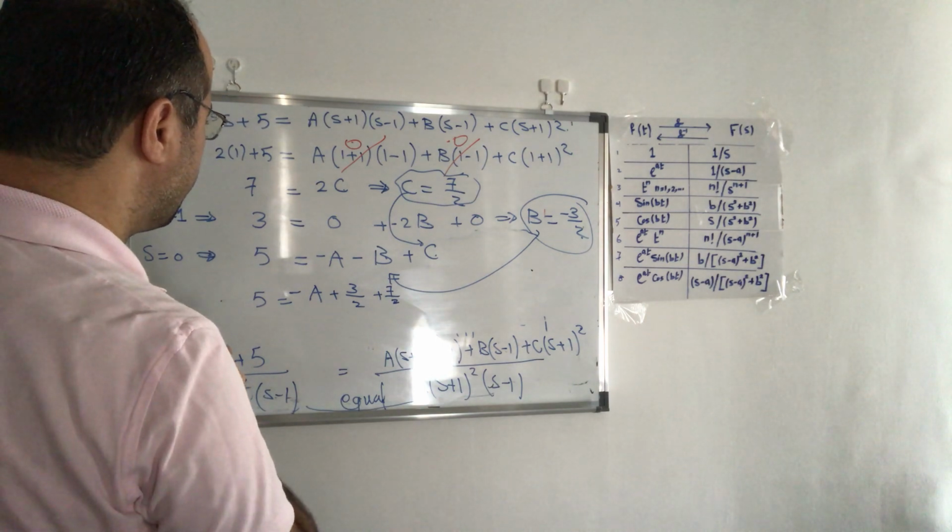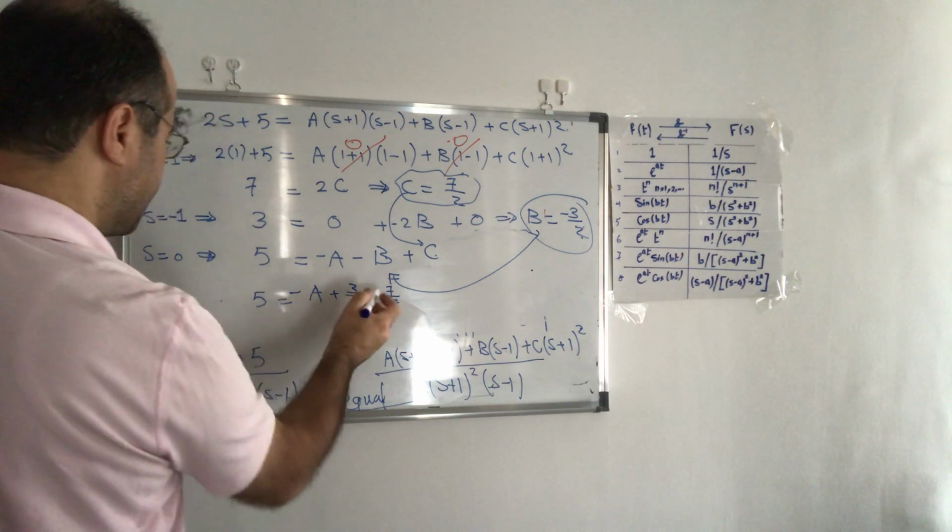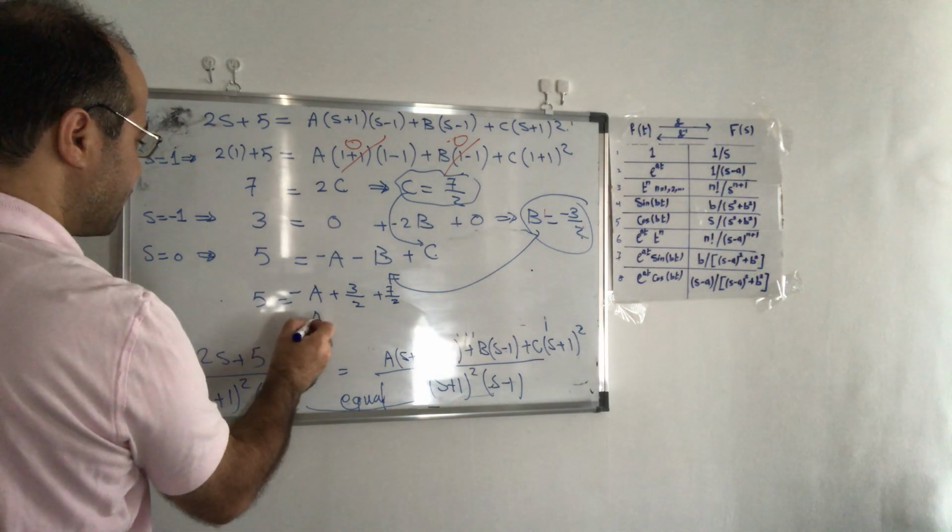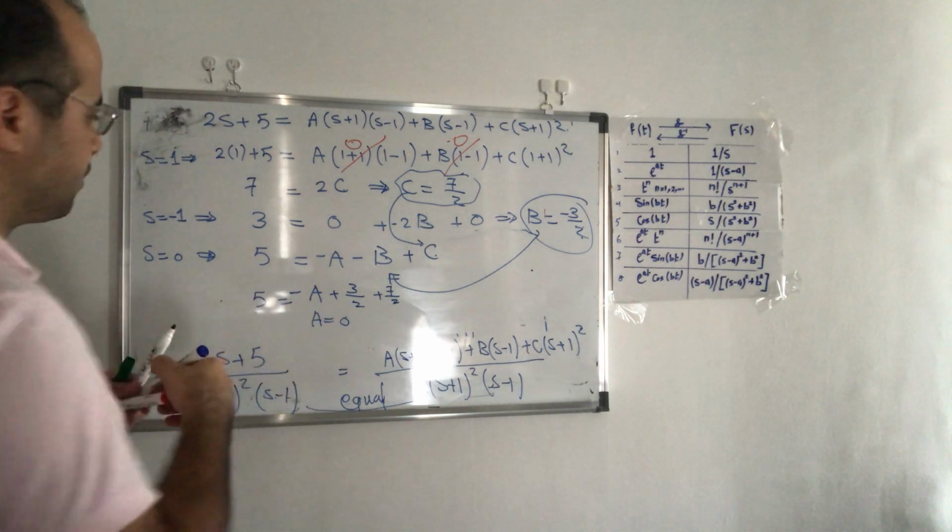Then you get 10 over 2, which is 5, with 5, so A equals 0.